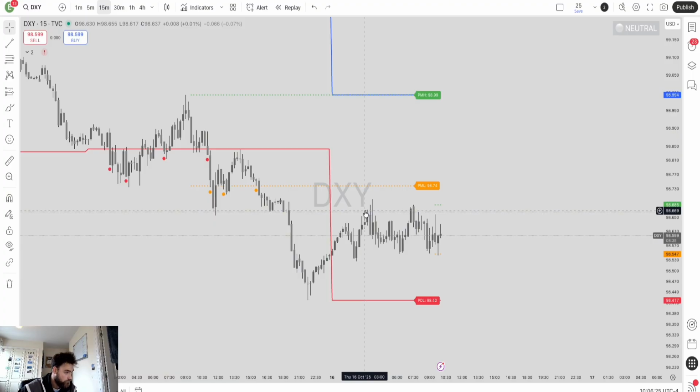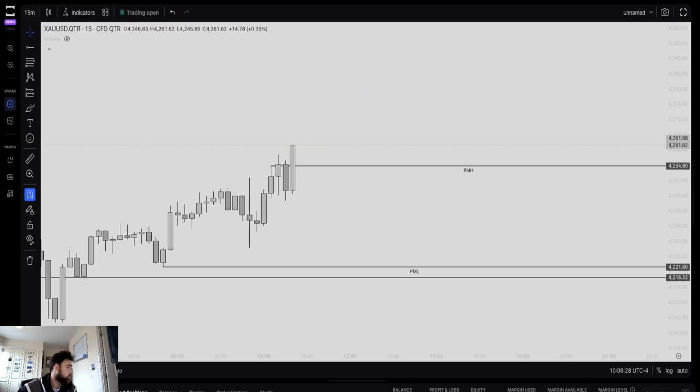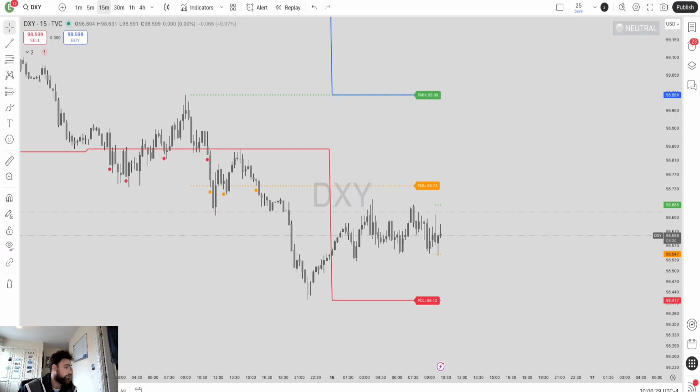So we are looking for longs. So is price moving down this way? So yeah, we see price consolidate. So boom, break of structure here to the downside, and now acting as a layer of resistance.